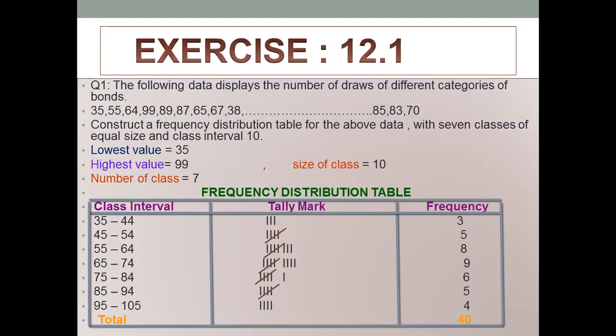You see that I write 35, 45, 55, 65, 75, 85 and 95. In each number there is a difference of 10, and these are called the lower class boundaries because we start our class from 35, the next class from 45, the next starts with 55. So that's why these numbers are called lower class boundaries.